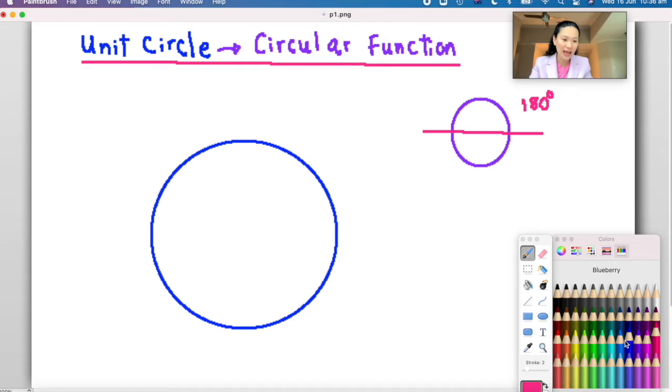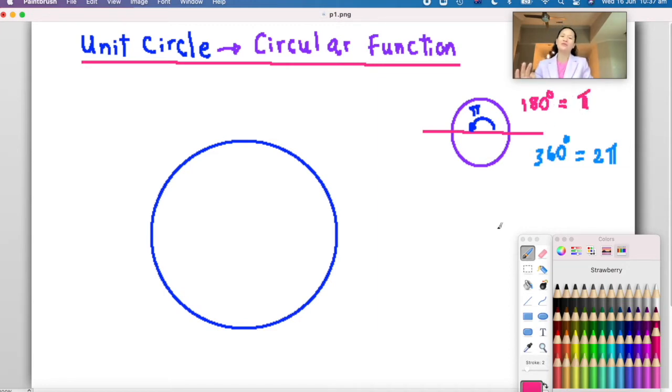And half of them equals pi. All of this one is just pi. So if we talk about the whole circle, the whole of it is 360. Does it make sense? And it equals 2 pi. So you need to know this concept first.